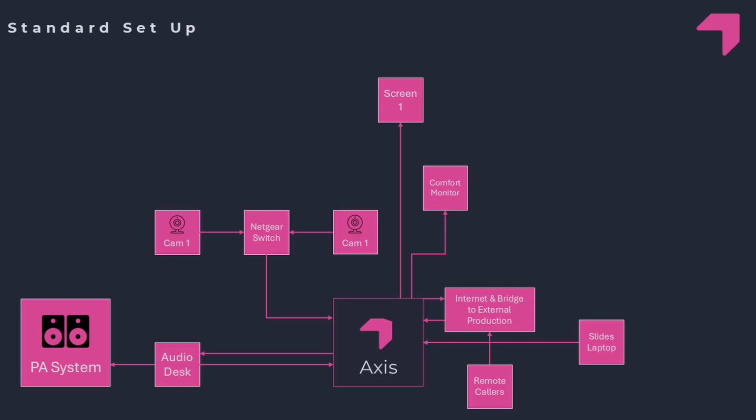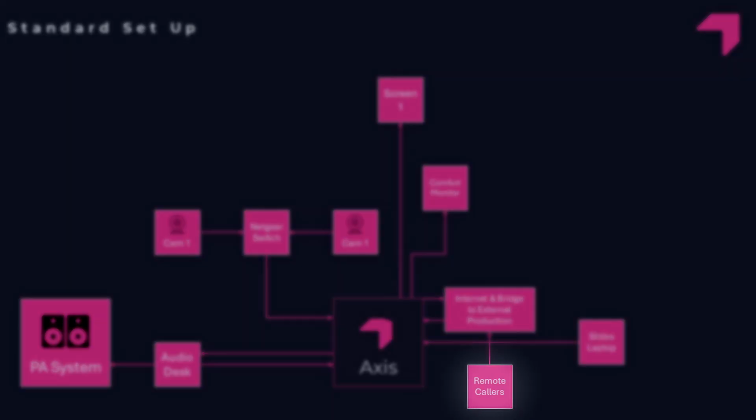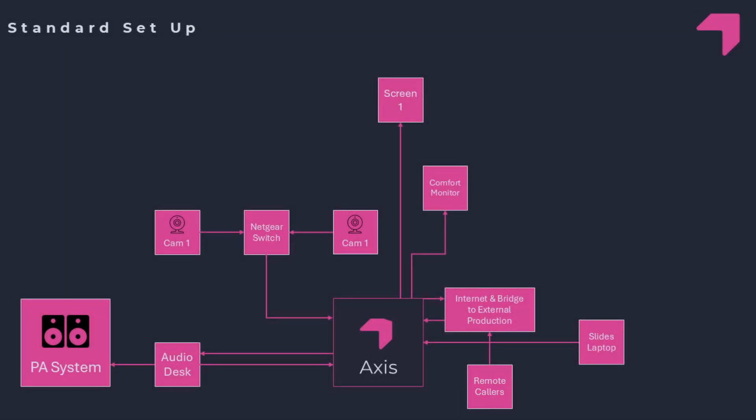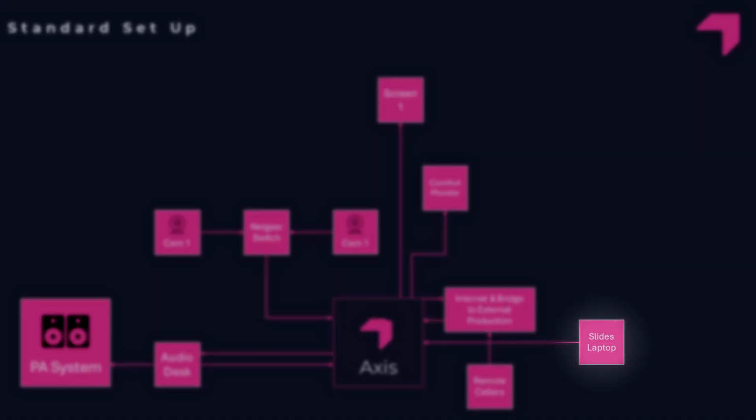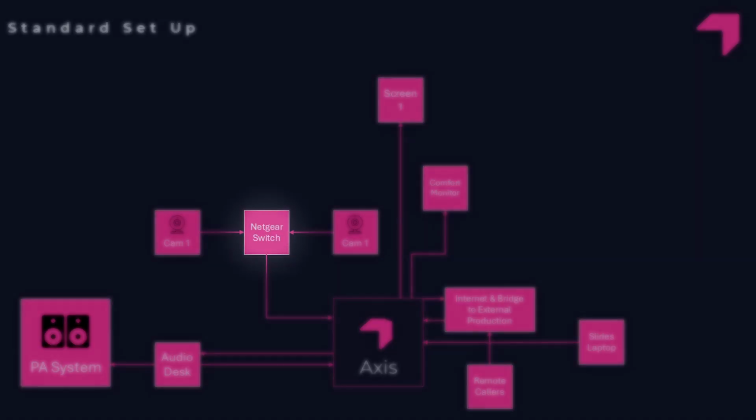So if you want to do that, then it's there. It's ready to go, and that enables you to, again, work with the remote cooler aspect as well as remote production workflows. You've also got a slides laptop connected up to the Axis, and obviously that's having the graphics for your client. And you then have a switch, which is the heart of the network signals.